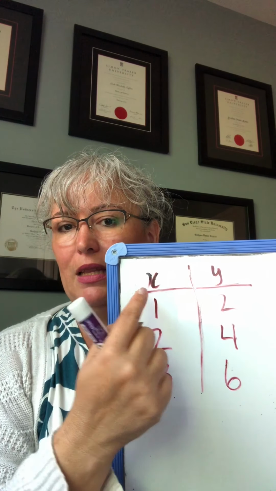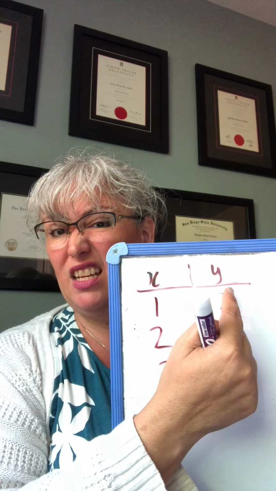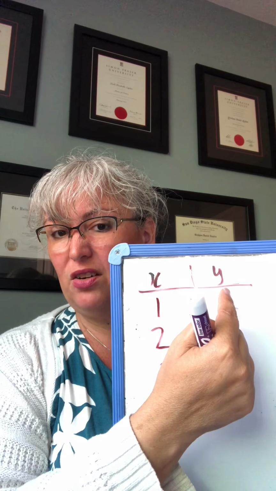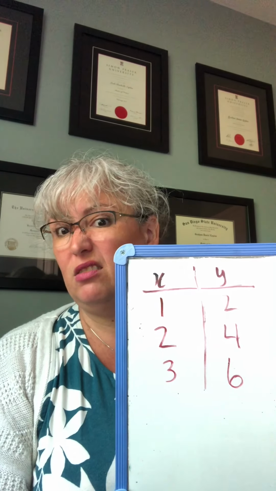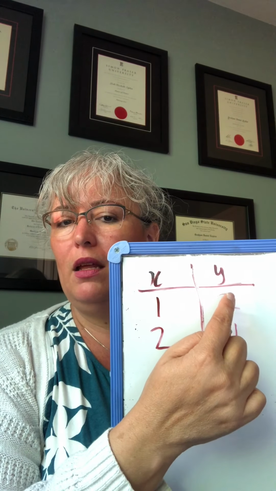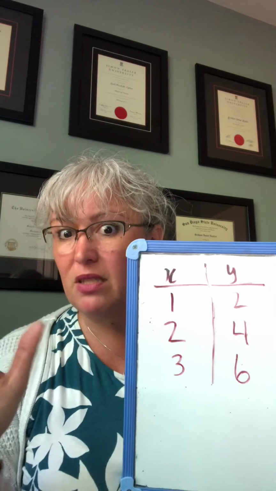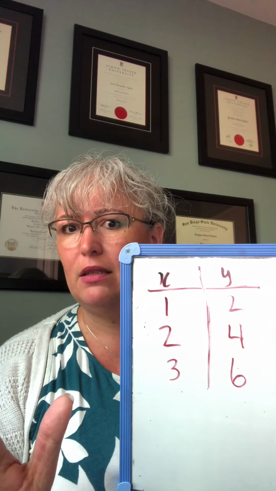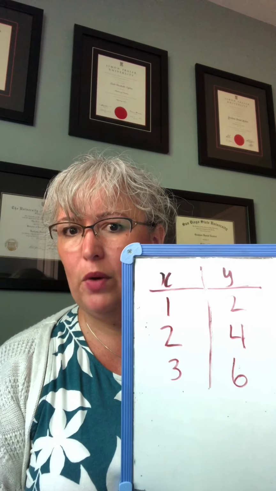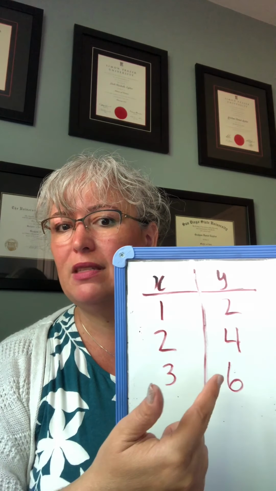Say slugs get into your garden and eat all the seedlings, because that's what slugs do. That doesn't stop time. Time doesn't stop because your seedlings are dead. No, time keeps going. It's independent of the seedling height.